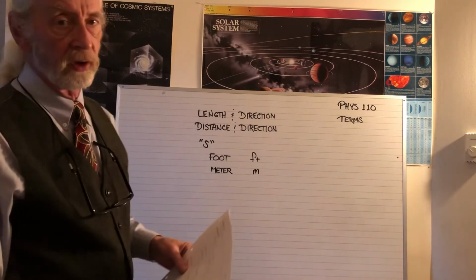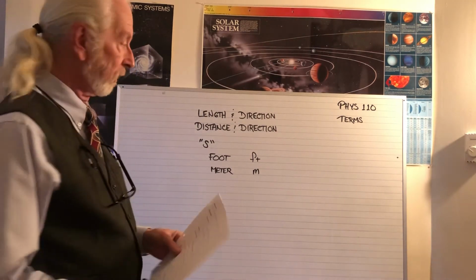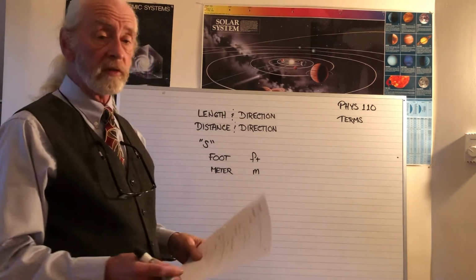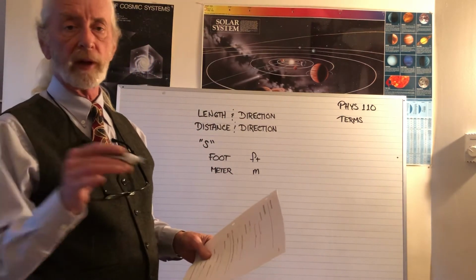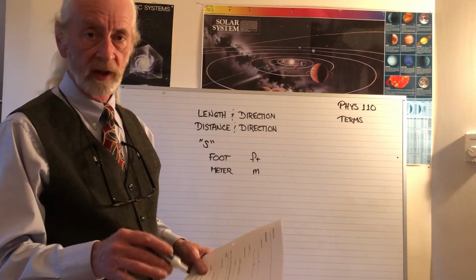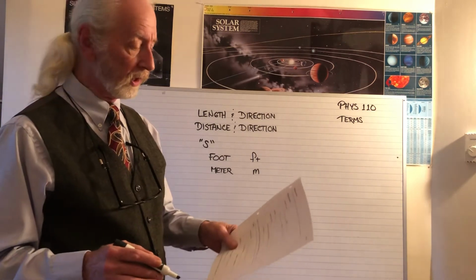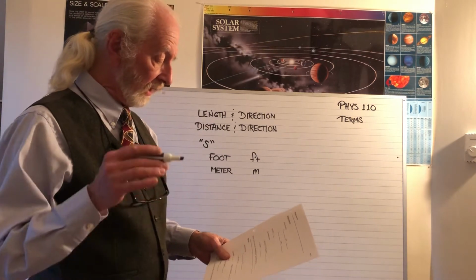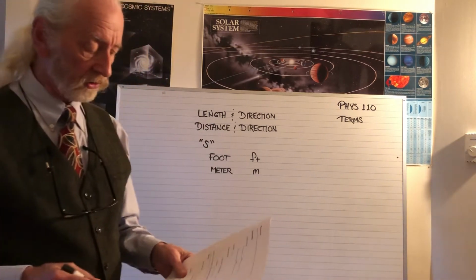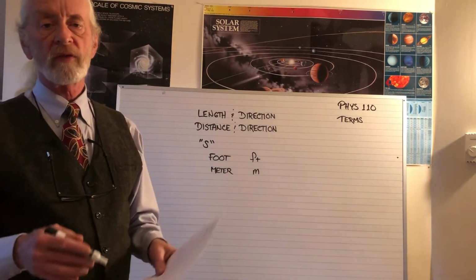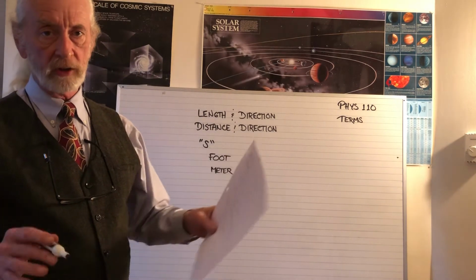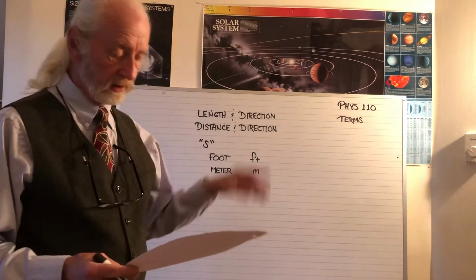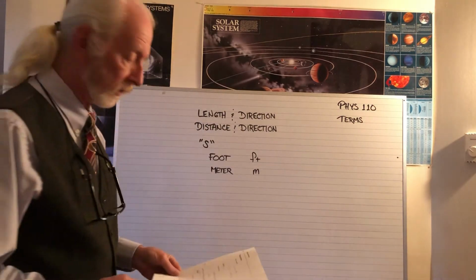Not kilometers, not miles, not inches. It's going to be either feet or meters. That's it. The reason is these are the units that we're going to be plugging into Sir Isaac Newton's formulas, and if you put the wrong units in, it's just going to blow everything up. Also note that in this context, displacement does not refer to volume. Context is going to drive a lot of this. So in this context, this is what displacement is referring to.